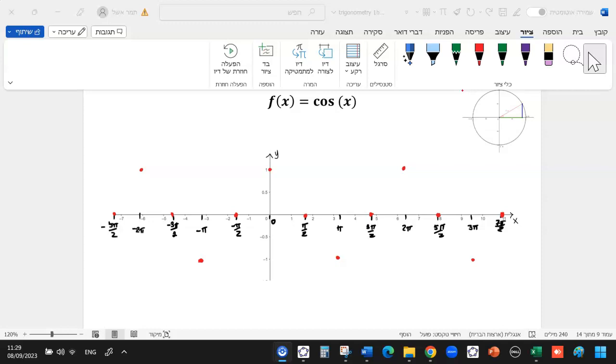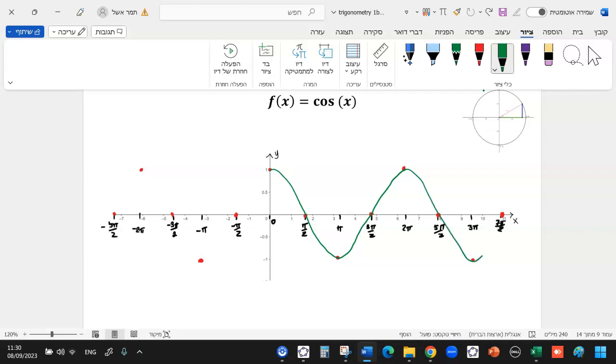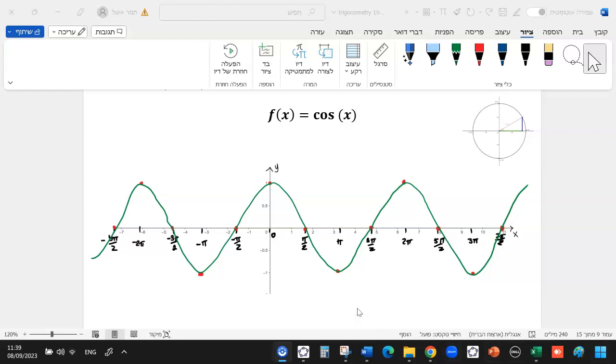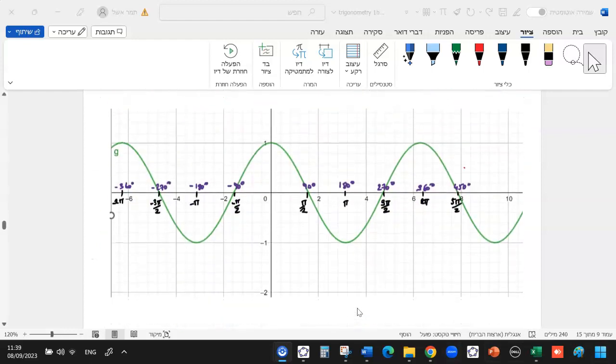We can now sketch the graph, starting here, and here's the full cycle of the cosine, and we can continue. Also to the negative side. And it goes from minus infinity to plus infinity. And that's the cosine graph. Here it is in a nice drawing with the degrees.